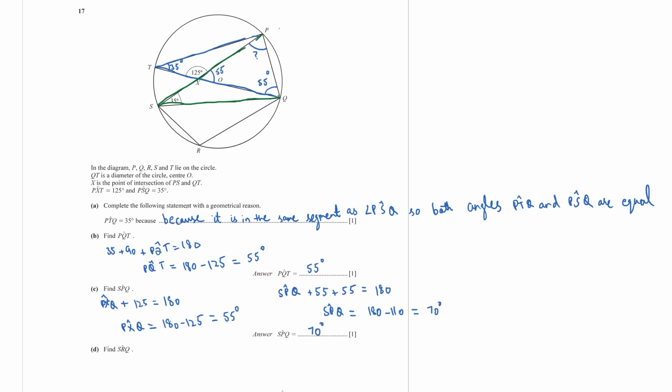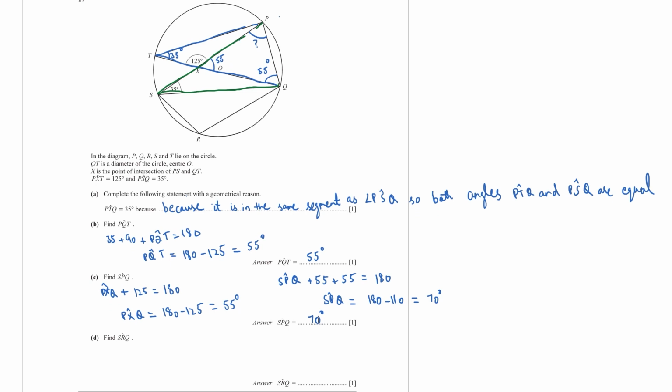So let's move on to part D: find angle SRQ. So SRQ is this angle right here. So you have to find this angle. Let me erase this and mark this angle because I've already calculated this as 70 degrees.